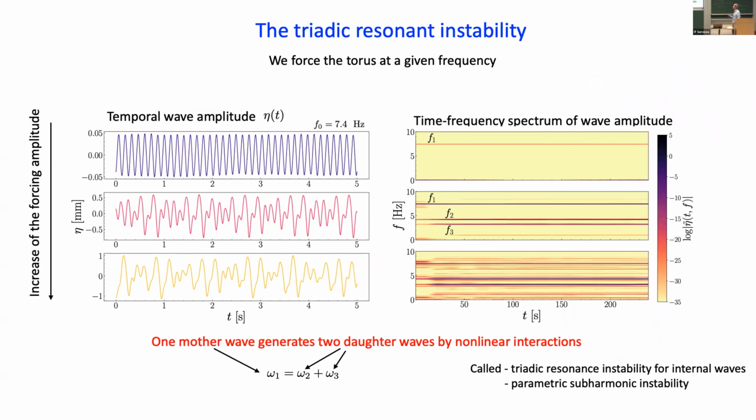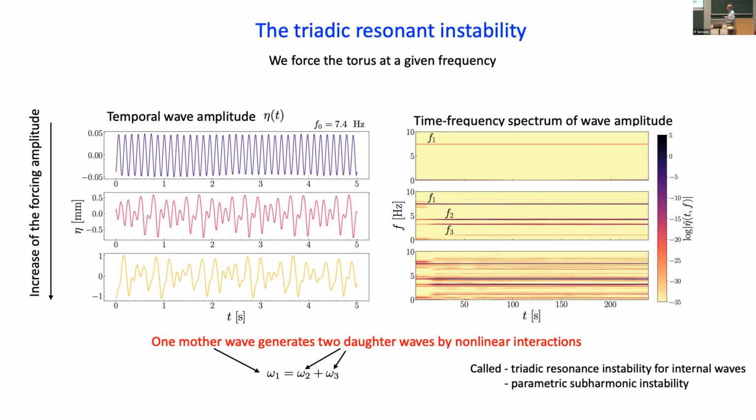So first, we force the torus at a monochromatic frequency, as you can see here. And then you can also turn the button to increase the forcing amplitude. What you observe if you do a time-frequency spectrum is that you have only the mother wave here. And by an interaction, you have the 2 daughter waves that appear when the forcing is strong enough.